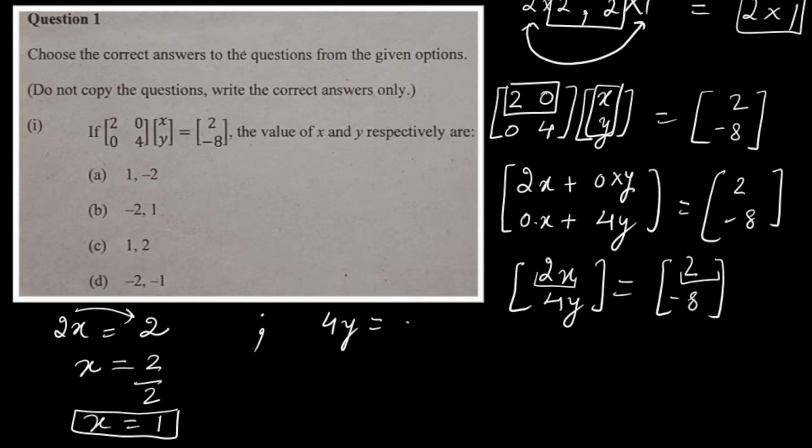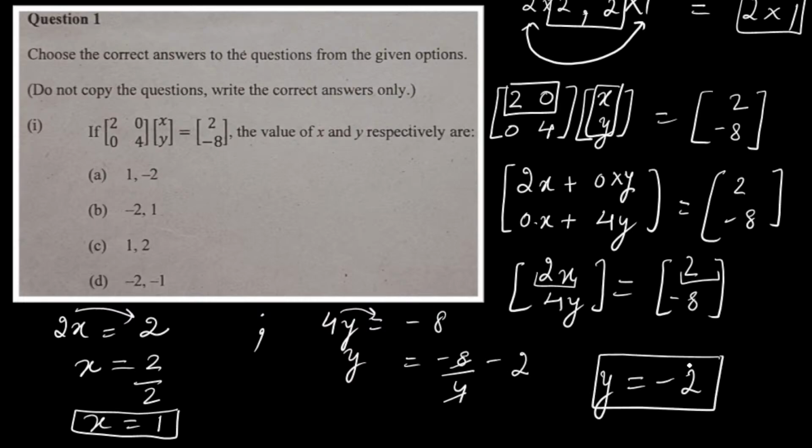Second element: 4y is equal to minus 8. So y is equal to minus 8 by 4, because when 4 is shifted to the other side it gets divided. This is equal to minus 2. So y's value is minus 2. Yes, so option A, x is equal to 1, y is equal to minus 2.